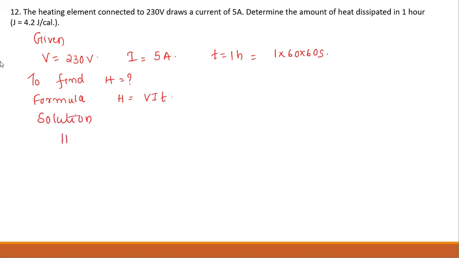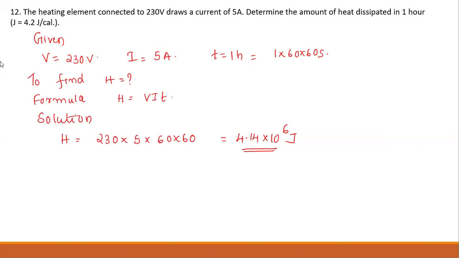That is H is equal to V is 230, I is 5 ampere into T is 60 into 60. On solving this, we will get 4.14 into 10 raised to 6 joules. Now, here 1 calorie is given. 1 calorie is equal to 4.2 joule.